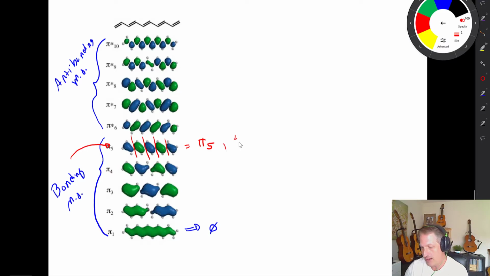So that would have 4 nodes. Moving down, here we have 1, 2, 3, right? 1, 2, and then 1 down here at the bottom. So you can see the trend there as we go from 0 all the way up to pi 5, which is your highest energy bonding molecular orbital.